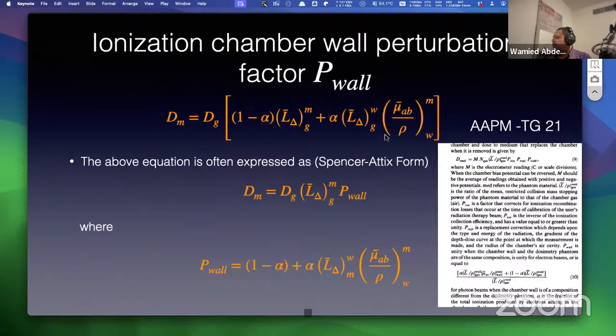So this is basically the dose equation. If we know the dose in the cavity, then the dose in the medium will be given by this relationship, where alpha is the fraction of the dose that is deposited by electrons produced in the wall.